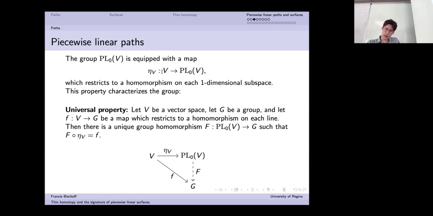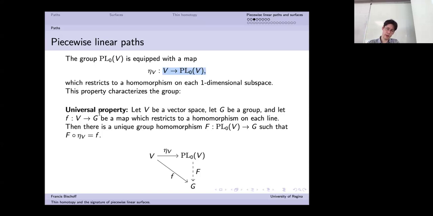Okay, and notice that this map is not a homomorphism, but it is a homomorphism when you restrict it to one-dimensional subspaces. If I concatenate two collinear paths, it's just the longer path. But if I concatenate two paths that are not pointing in the same direction, I can't just take the displacement path.